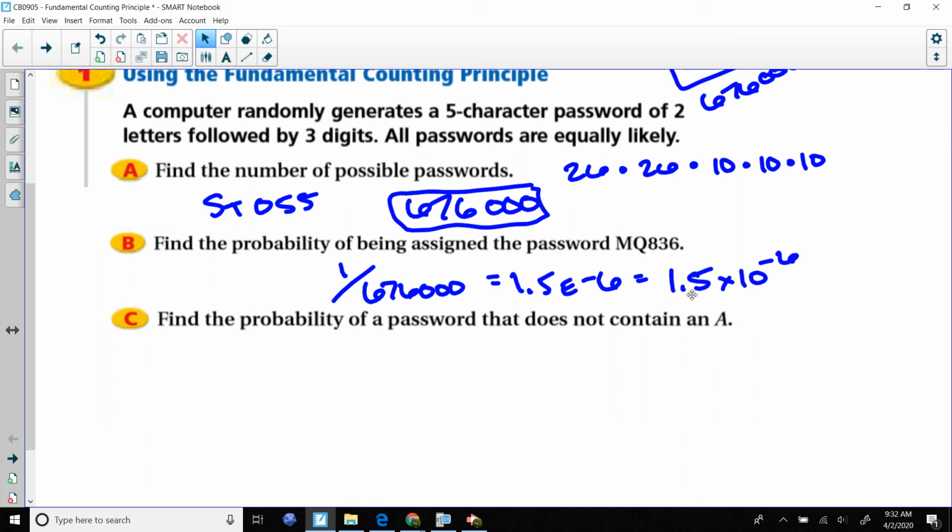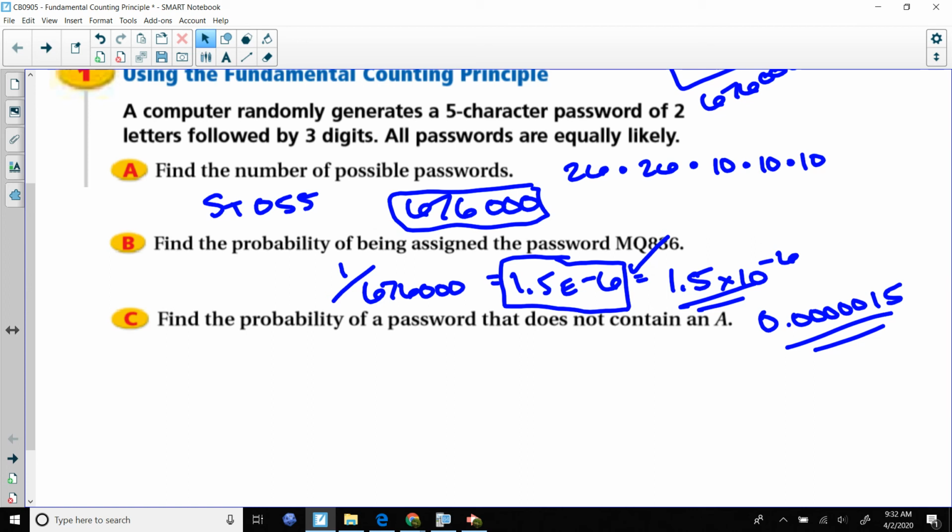If you really wanted to write it all out, this would be 0.0000015, so I moved that decimal place 6 times, and I have a very small number. This number here is acceptable on your quiz. That's plenty fine. That's what the calculator is going to give you. If you want to write it this way, that's fine. This is acceptable and probably what I'm going to get for most answers.